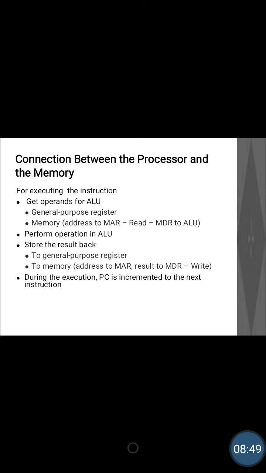According to the instruction, what instruction is it? ADD LOCA, R0. The data in LOCA is to be added with the data in R0 and the result is to be stored back in R0. That's why the result will be stored in R0 only.